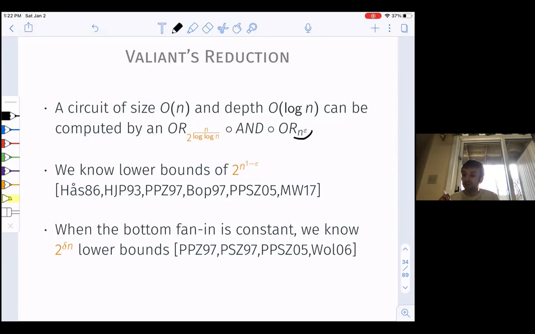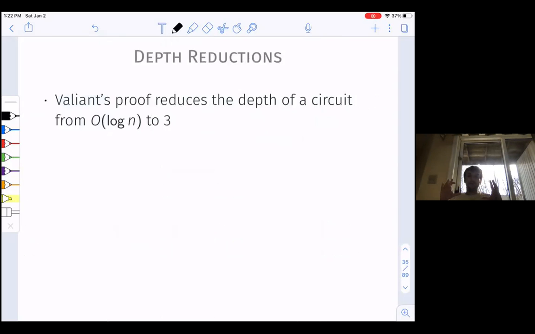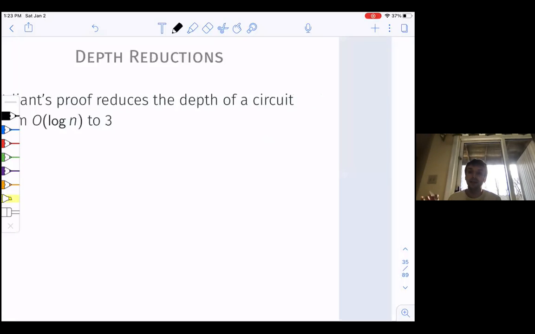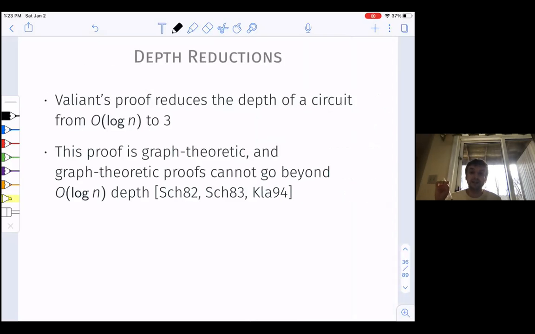Okay, so the result of Valiant takes a log depth circuit and reduces it to depth 3 and says, now prove a lower bound for depth 3 circuits, objects that we understand better, and then we'll transfer this result to log depth circuits. All right, so the proof of Valiant views a circuit as a graph.